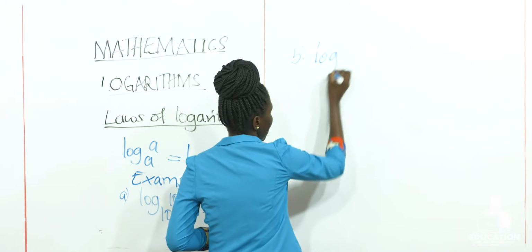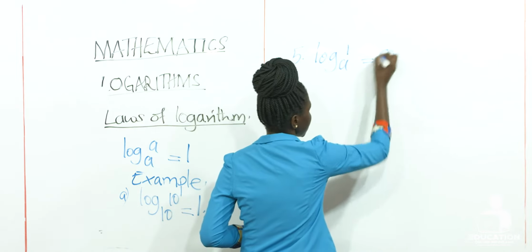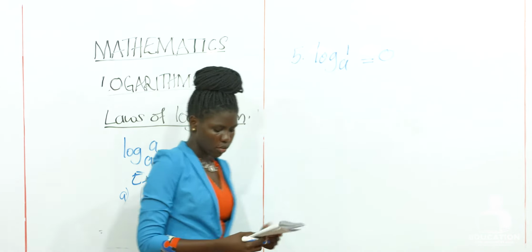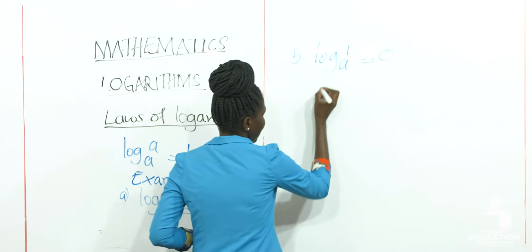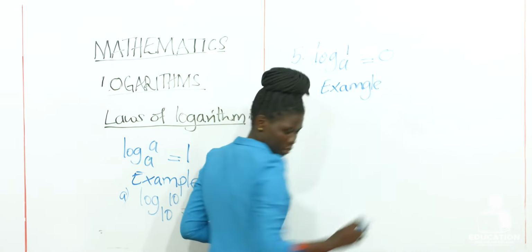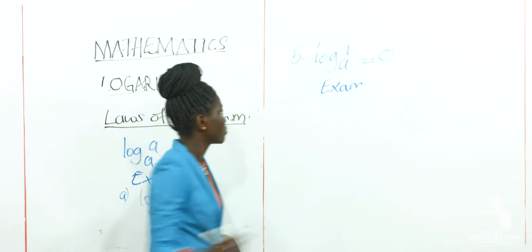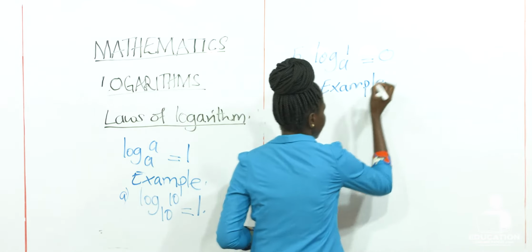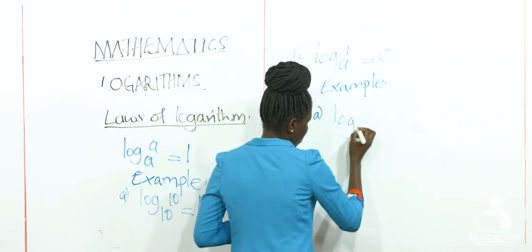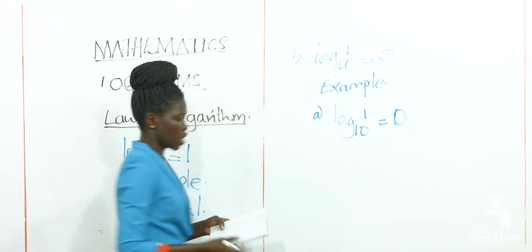We're saying if given a number log A of 1, your answer should always be 0. When given a number with the number 1, your answer should always be 0. For example, if given a number as log 10, 1, you should be in position to get 0 as your final answer.